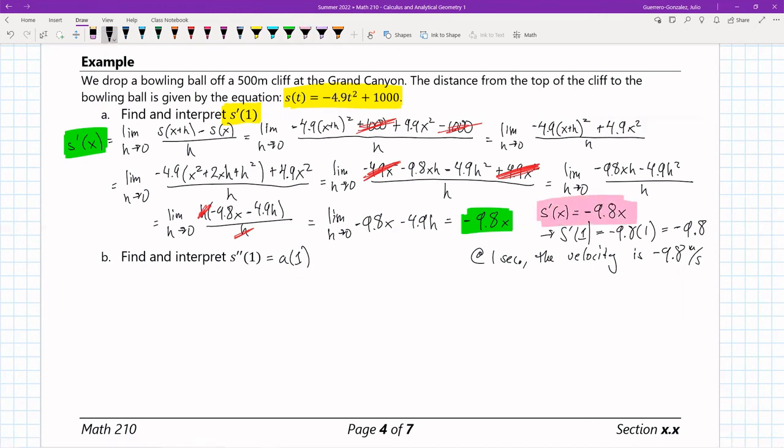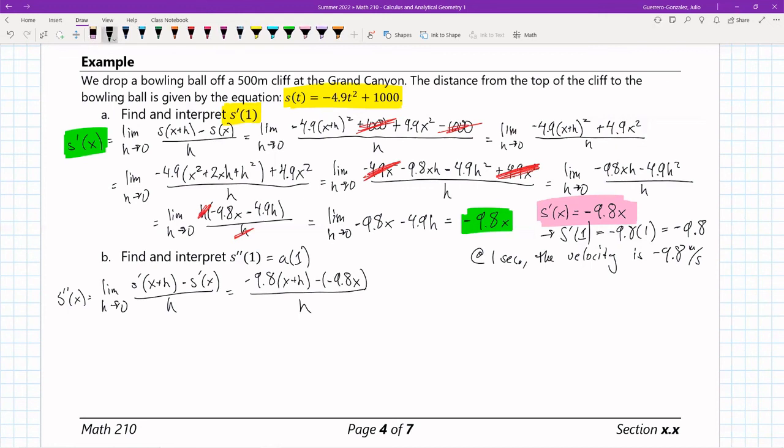So again, s double prime of x is the limit as h approaches 0 of s prime of x plus h minus s prime of x all over h. That's equal to negative 9.8 (x plus h) minus negative 9.8x, all over h.